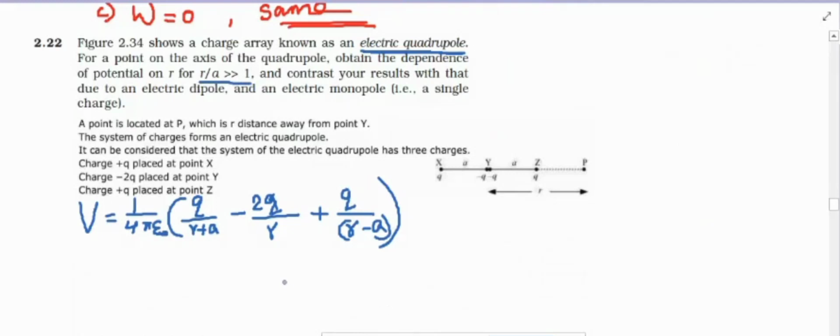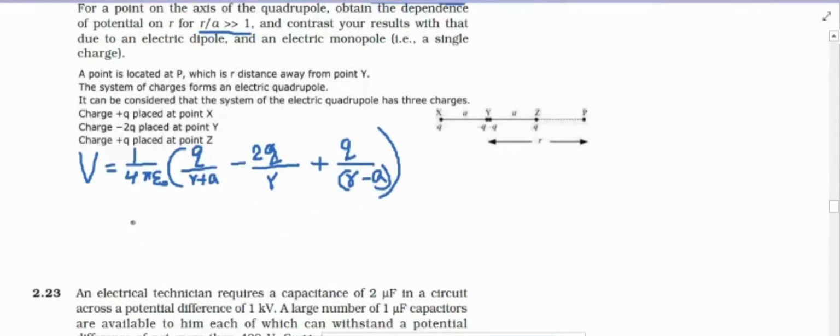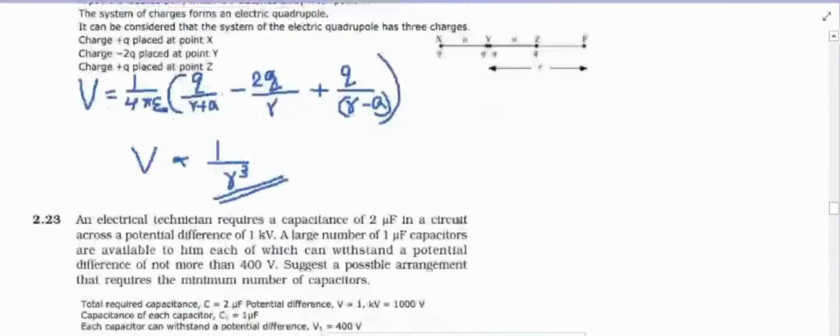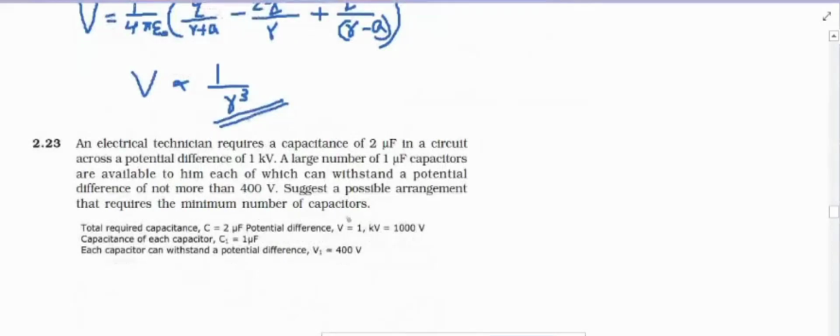Then you can see the relation here, V proportional to 1 by R cube. You will be asked to prove this: V for a quadrupole, V proportional to 1 by R cube. So you have to take the LCM, simplify the equation, and just find the relation between V and R.